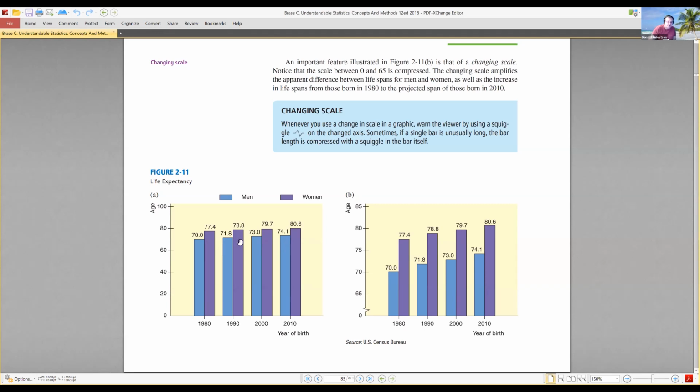And the same thing is true about the women, right? It's improving as well. The second feature that I notice is that no matter which year you pick, don't women live longer than men? You agree? Women live longer than men.